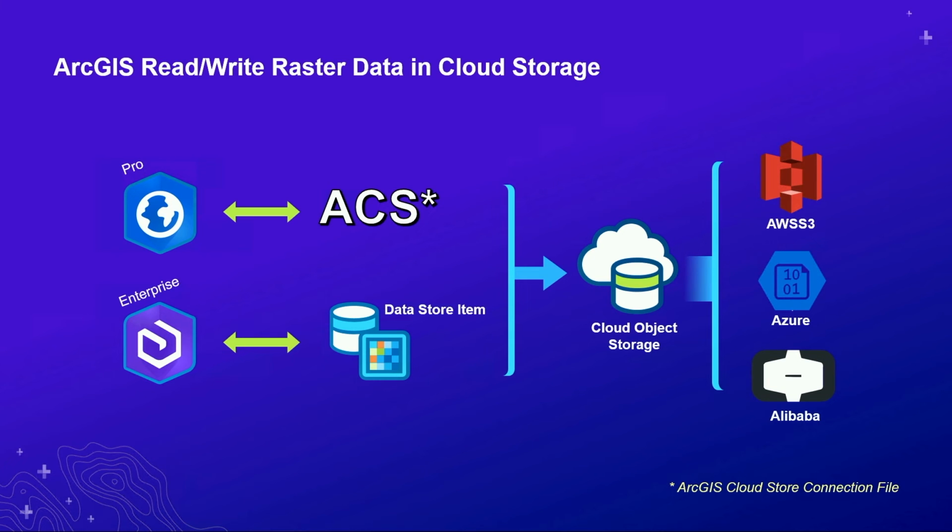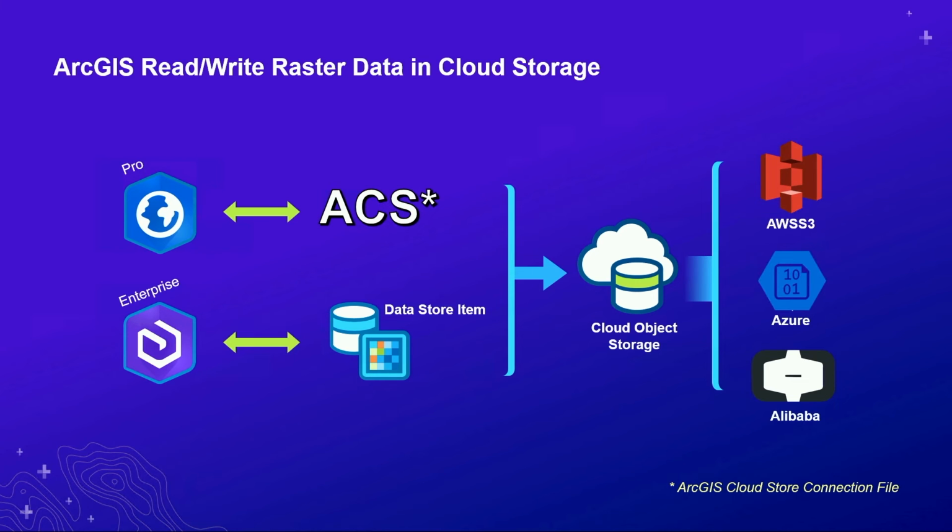The supported cloud object storage providers are Amazon AWS S3, Azure Object Storage, and Alibaba Object Storage. What that means is you can have your raster data stored in all these different cloud providers, and ArcGIS Pro can directly work with this raster dataset in the cloud.